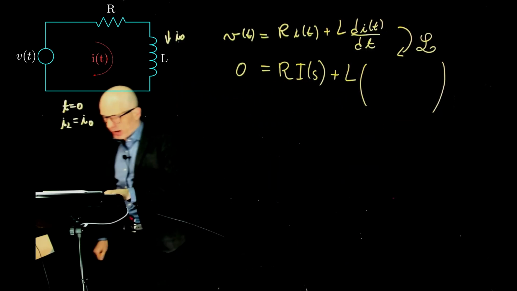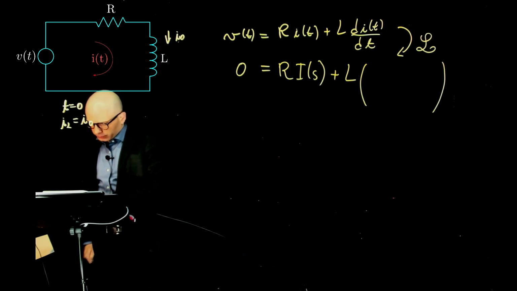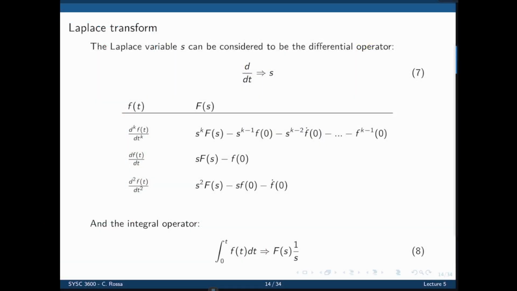Now we need to go back to this here. We know that the derivative will now take the form of the Laplace operator. Here we have the first derivative only, so we are dealing with this equation: s times the function itself minus the initial condition of that function.